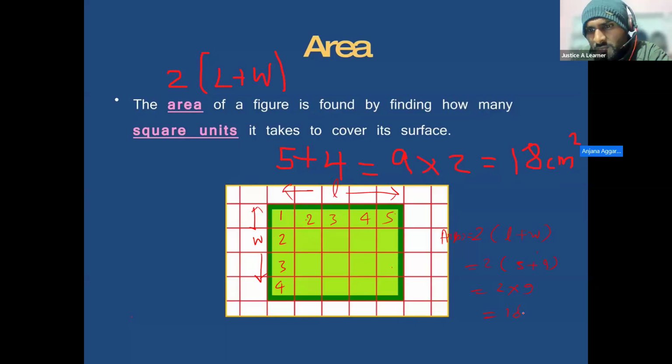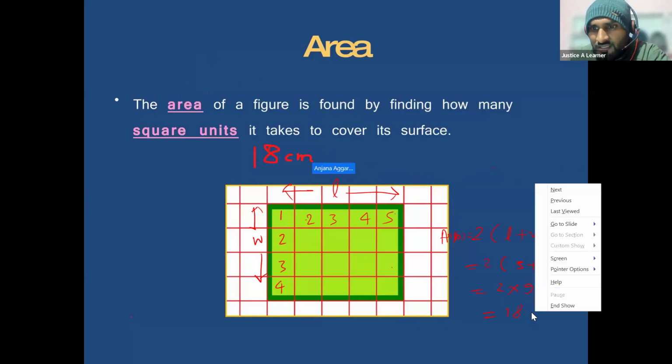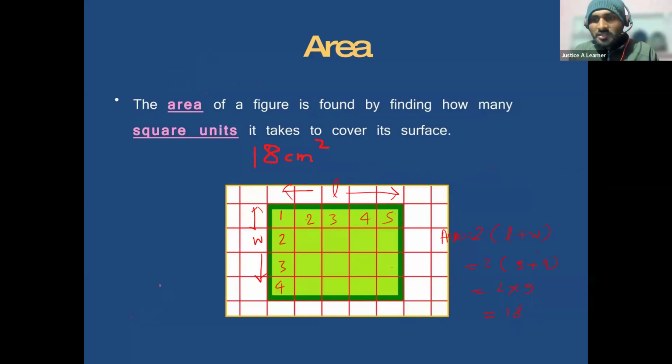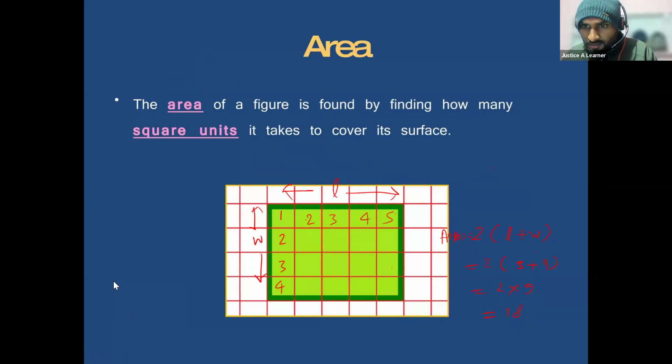So the right answer would be 18. Actually, your answer is correct. That time we were making some mistakes here. So this would be 18 square unit or unit square. Okay, so now we came to know this is 18 unit squared.